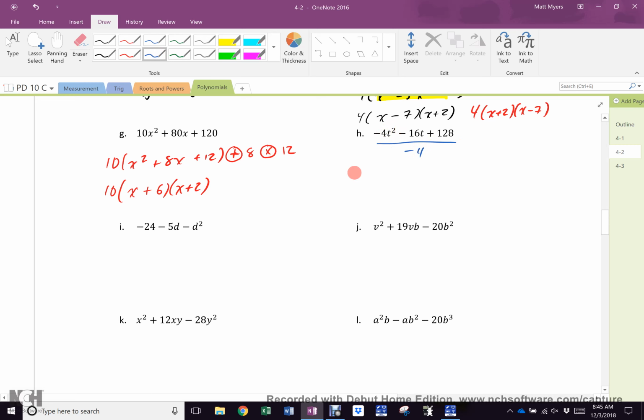Okay? So this is going to be -4. Now what's going here? t squared. What's going here? Plus 4t. What's going here? Minus 32. Now, does that look factorable?